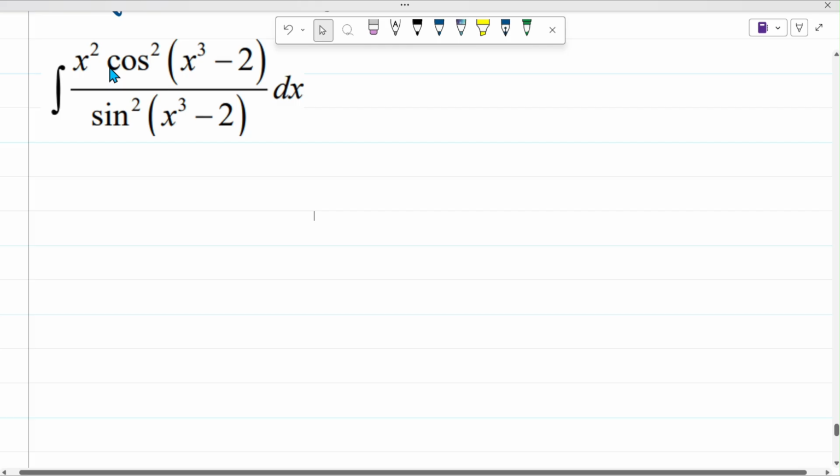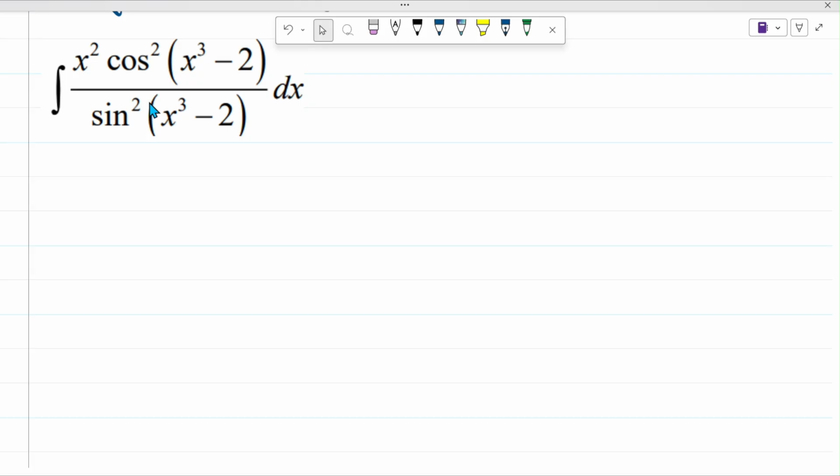So here we've got x squared times cos squared of x cubed minus 2 divided by sine squared of x cubed minus 2. So we can see that cos squared and sine squared, their degrees are equal. So we can just simplify this by changing this into its equivalence.